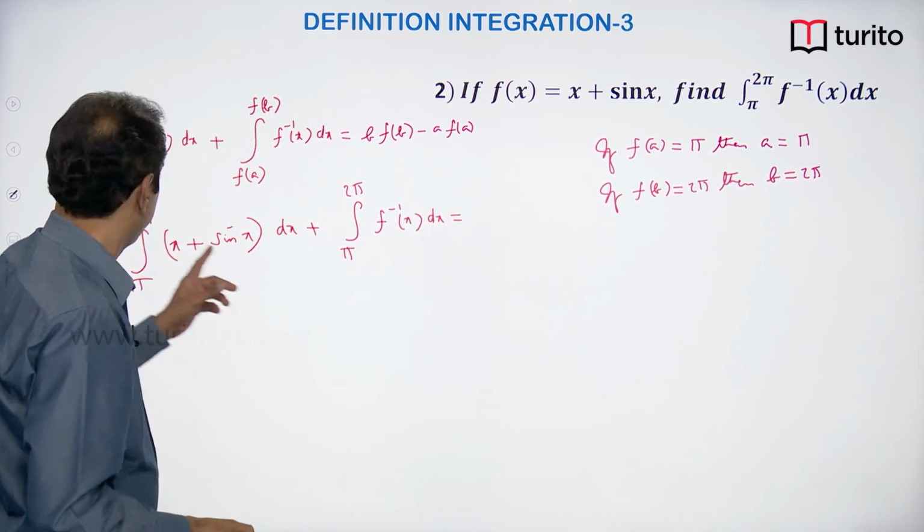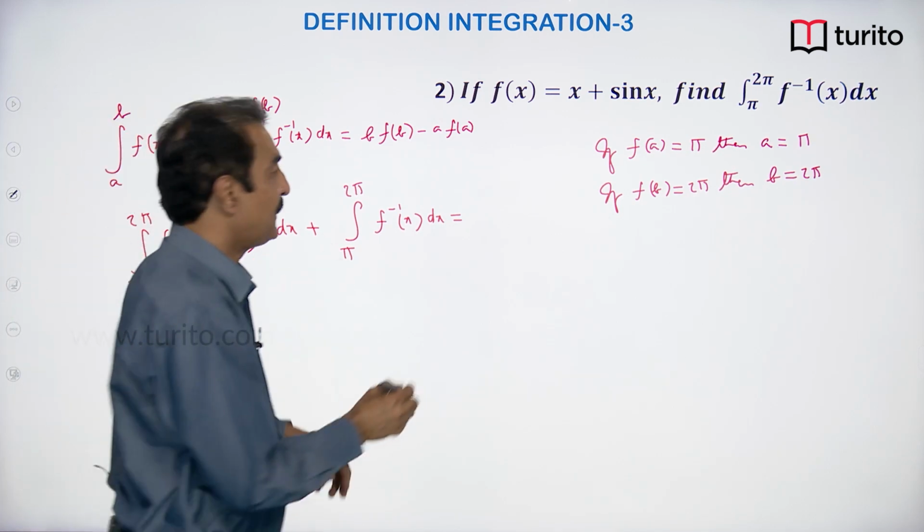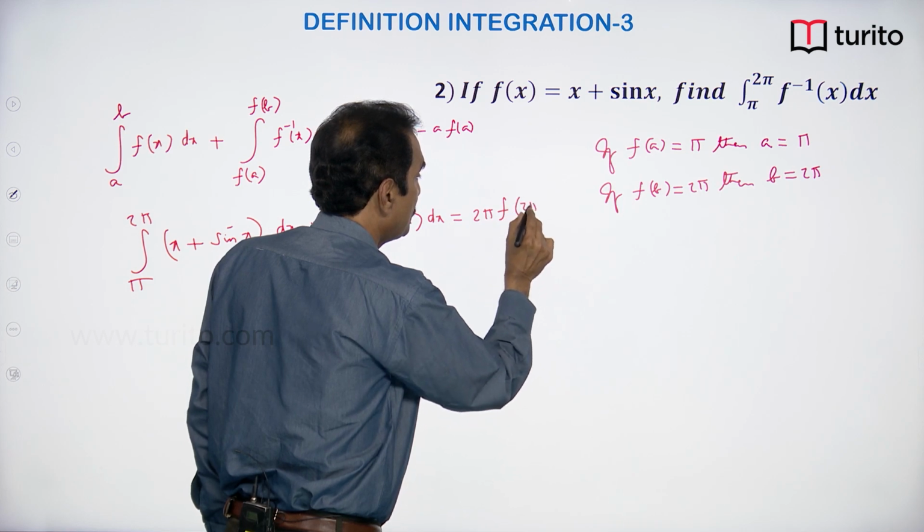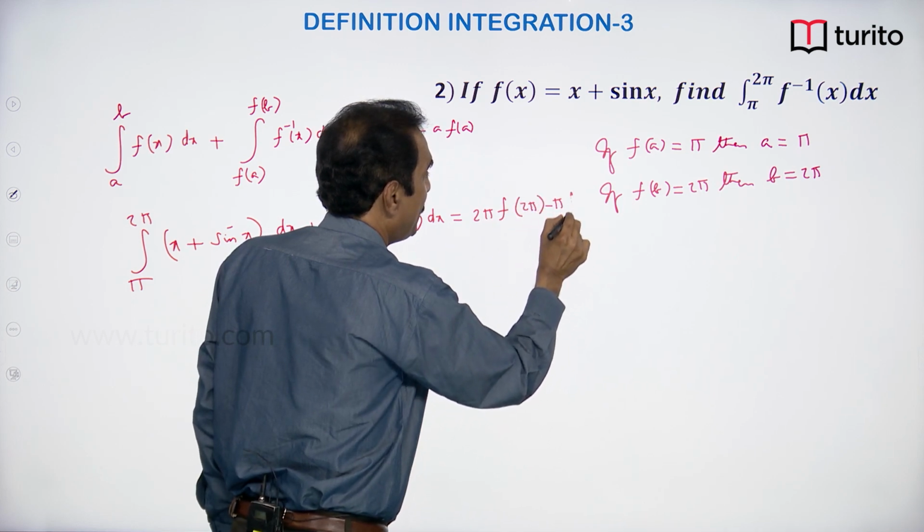Is equal to what? 2 pi into f of 2 pi minus pi into f of pi.